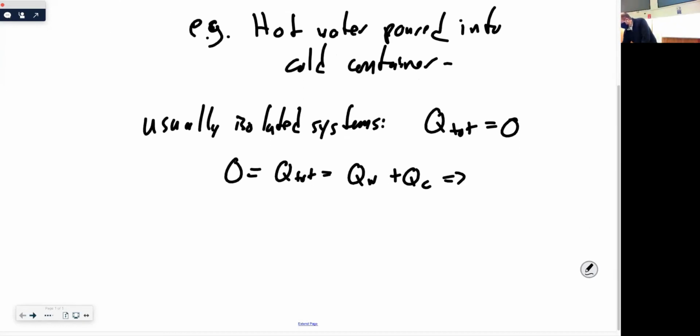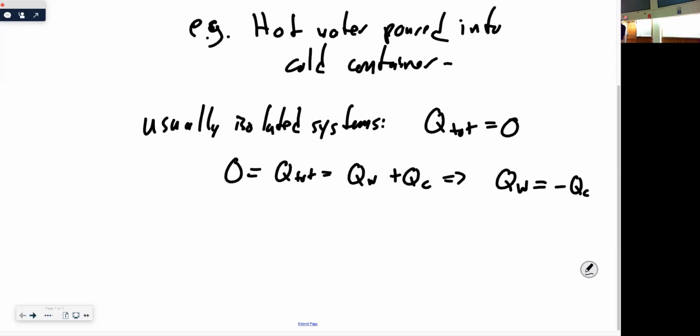So what does that imply? It implies that the energy change of the water, the net heat that you've added to the water, has to be the negative of the net heat that you've added to the container. This is where the sign can get confusing.